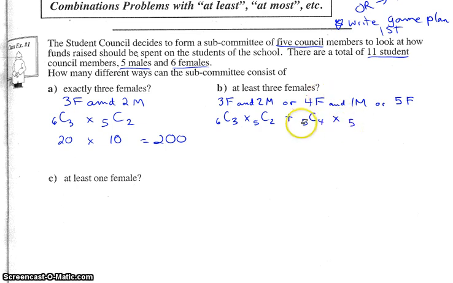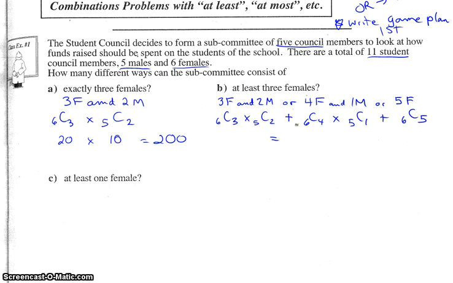Oh, did you see what I just did there? That should have been a 6 there. 6 choose 4, there are 6 females, and 5 males, so 5 choose 1 here. Or, so adding, and then 5 females, so 6 choose 5.